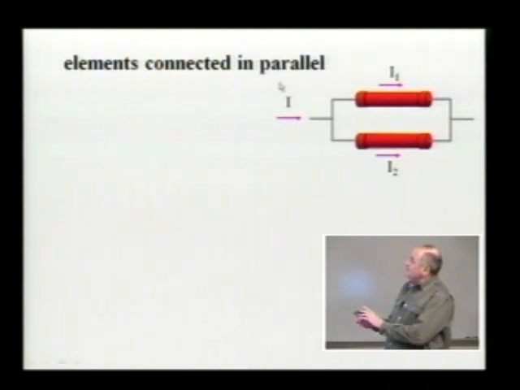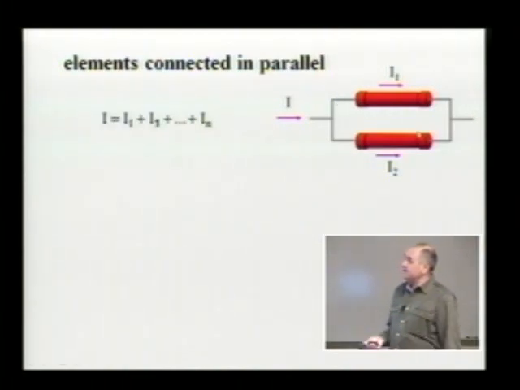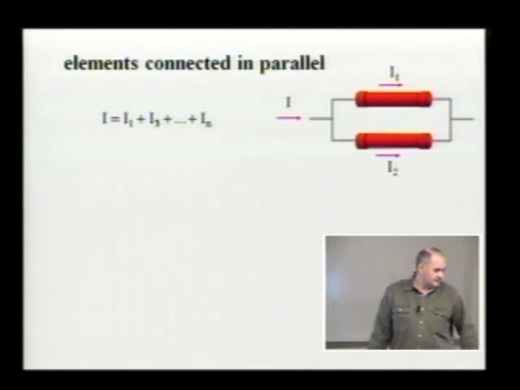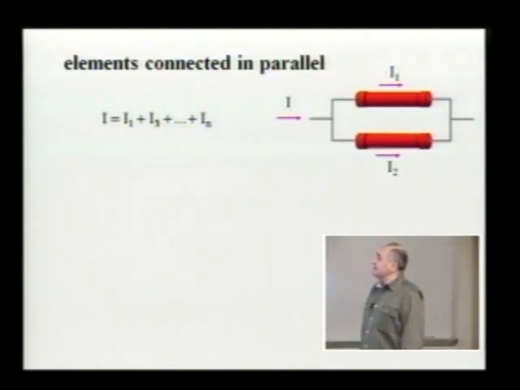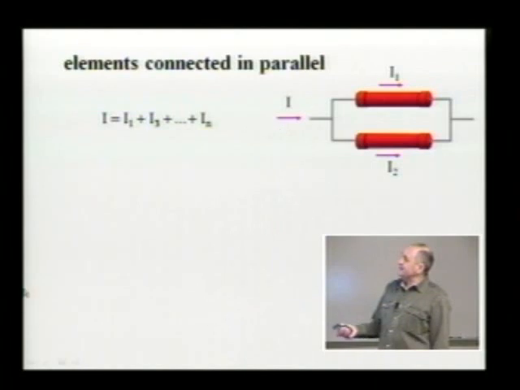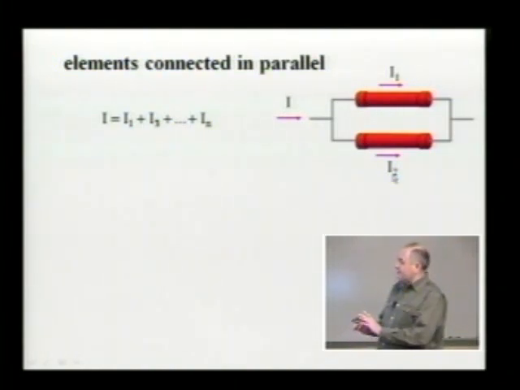If elements are connected in parallel, it means that the potentials on corresponding sides are equal, right? This is what defines a parallel connection. And in this situation, the current entering the entire system is equal to the sum of currents entering individual elements.